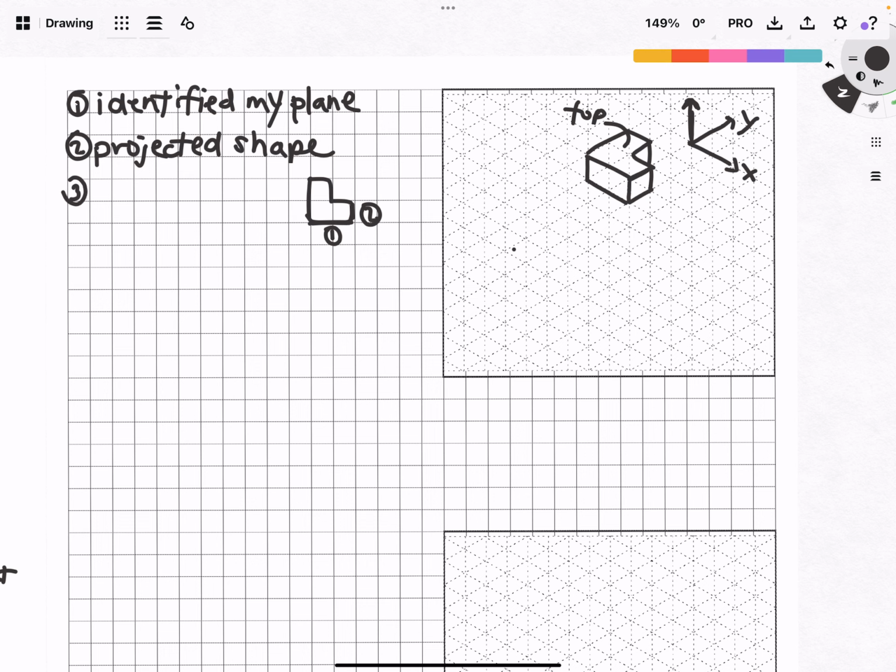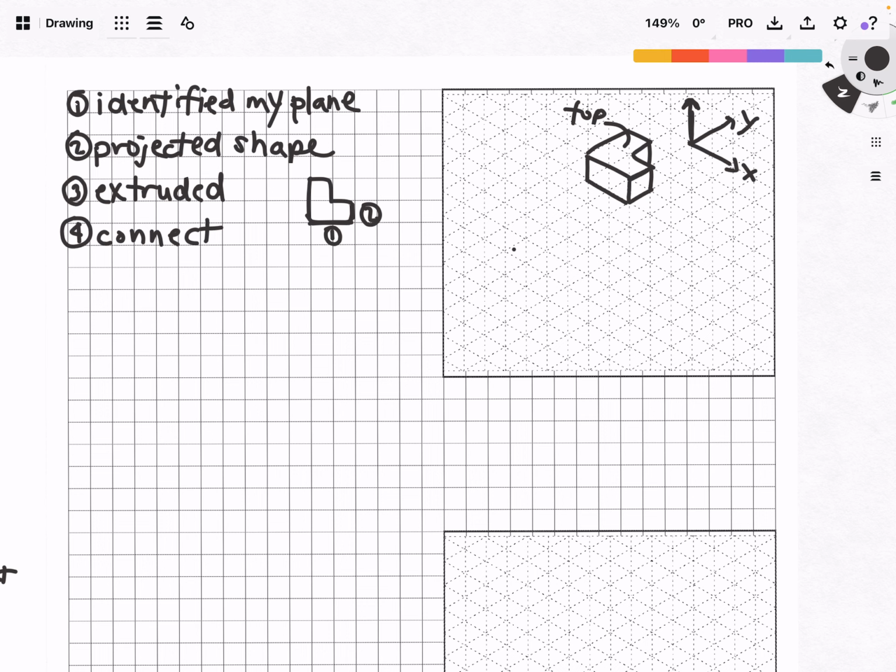Then I extruded along the axis that's not included in my plane, and then I connected the bottom side of the extrusion. Okay, we can repeat these exact same 4 steps, but we're going to do it on the front plane.